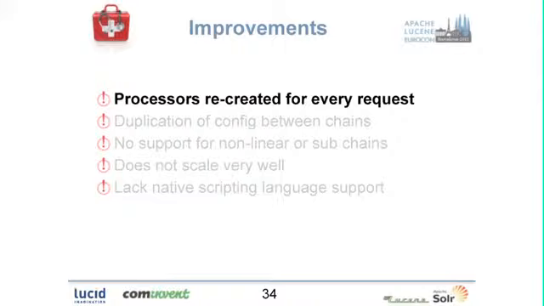One thing is that processors are recreated for every request. So if you have one request per document add, like the case is with ManifoldCF, for instance, it pushes one document at a time to the extracting handler. Then that can cause some problems. We have duplication of configuration between chains.